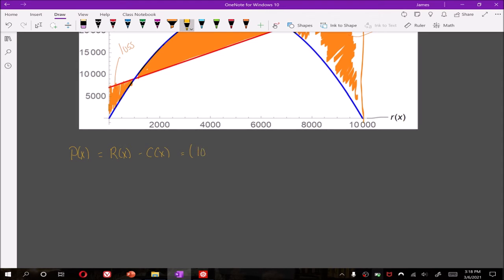Right, so the revenue was 10x minus 0.001x squared minus the cost, which was given as 7,000 plus 2x. This winds up being 8x minus 0.001x squared minus 7,000.